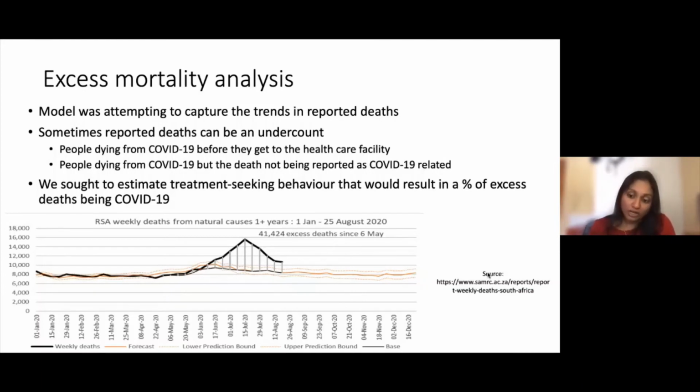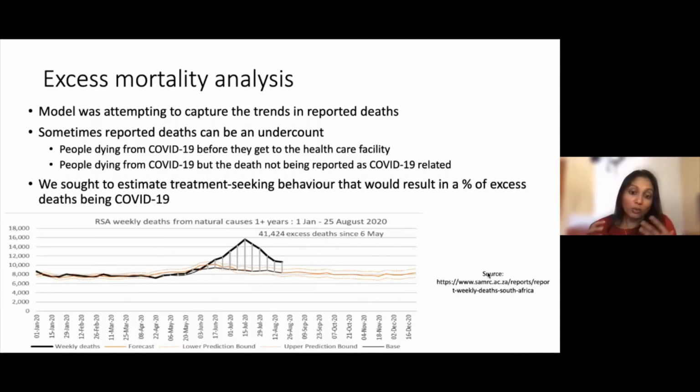So in South Africa, the South African Medical Research Council analysis had estimated that since the 6th of May until the 25th of August, there were excess deaths of 41,424. And if we take into account that presently in South Africa, so perhaps even a week ago, we had just under 15,000 deaths reported in the country.